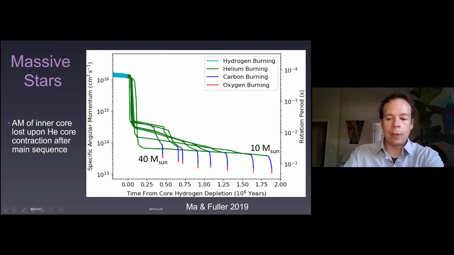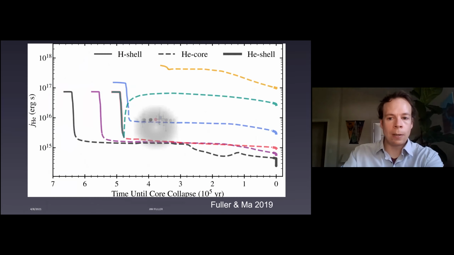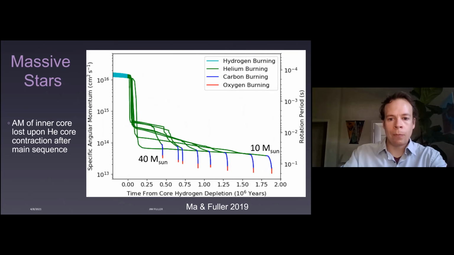And if you translate that into a rotation period of a neutron star, sorry, my mouse is on the fritz here, then the expected rotation periods are of order 100 or 200 milliseconds. So this is actually pretty similar to what's observed for young neutron stars, for young pulsars.